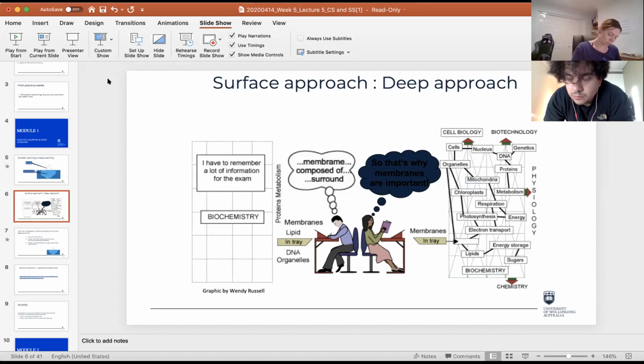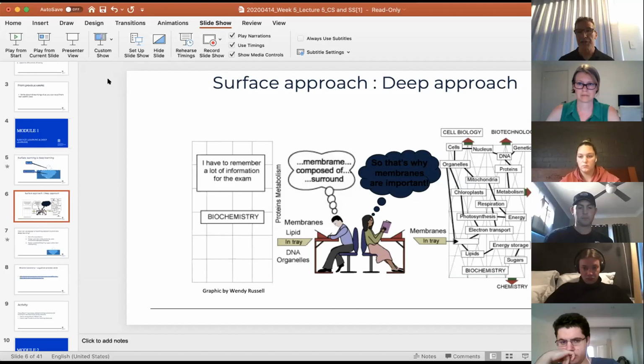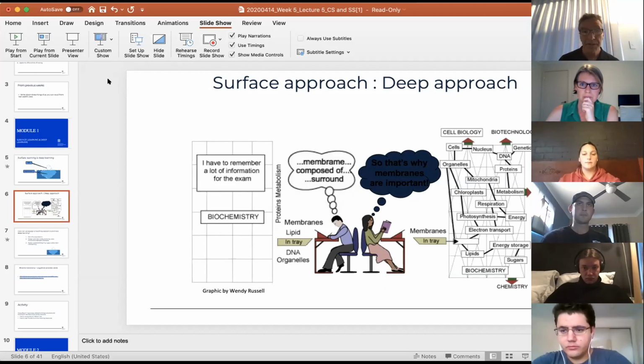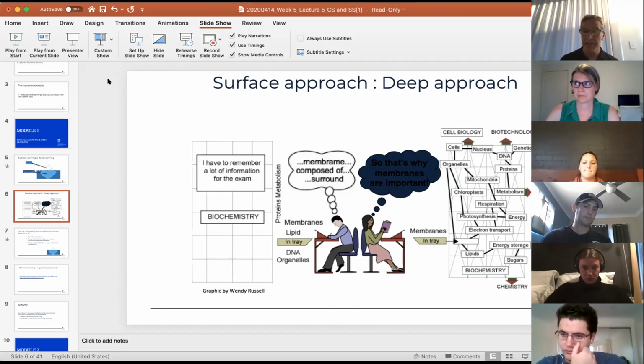That would be okay. If you wanted people to learn a glossary of terms, that's okay. But if you wanted them to actually have a discussion using those terms, you would need to go to a deep approach and get people to understand how those terms relate to other terms and how they connect to existing concepts. Is that sort of clear? So a surface approach is not necessarily bad, it just depends on the context. And the richer the material, the more tricky it is to use a deep approach.